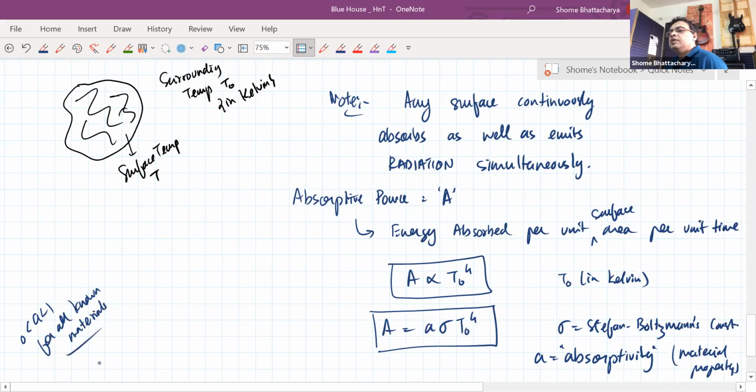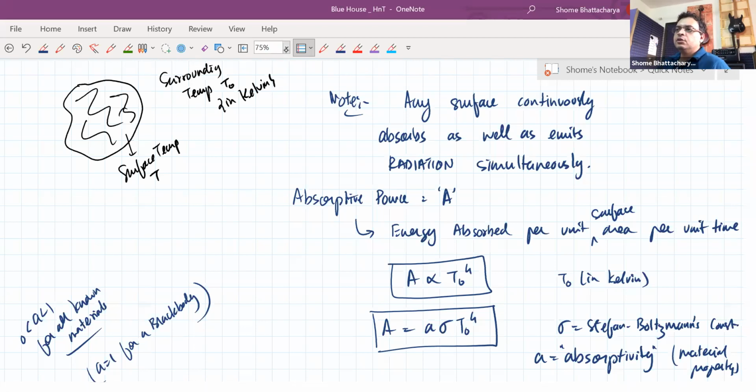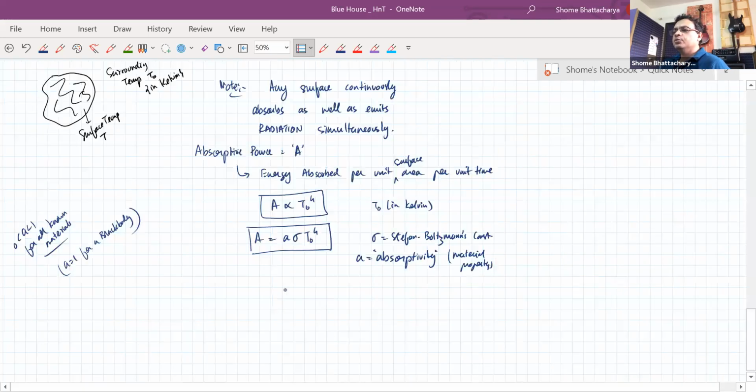And we will understand that E is equal to 1 for a black body. We'll understand this statement in a moment, when we realize that it's not just that E is equal to 1 for a black body, but actually emissivity is equal to absorptivity for any material. So if a particular material has emissivity equal to 0.7, its absorptivity will also be equal to 0.7. This might seem like a very curious statement initially, but it will make sense.